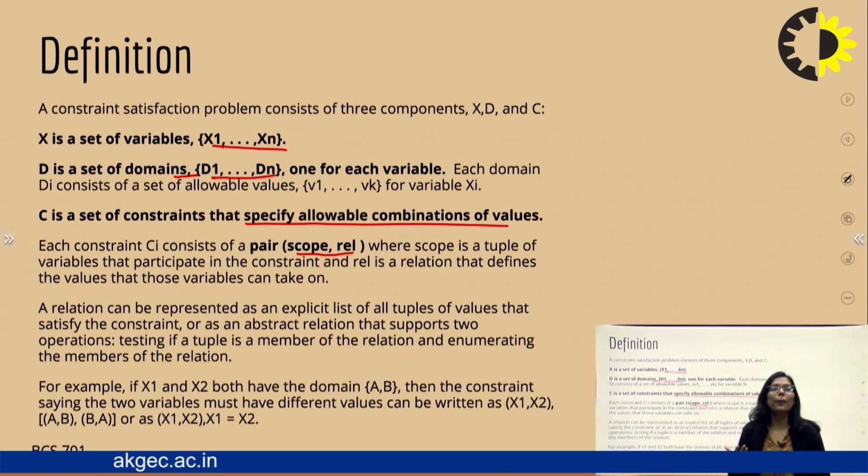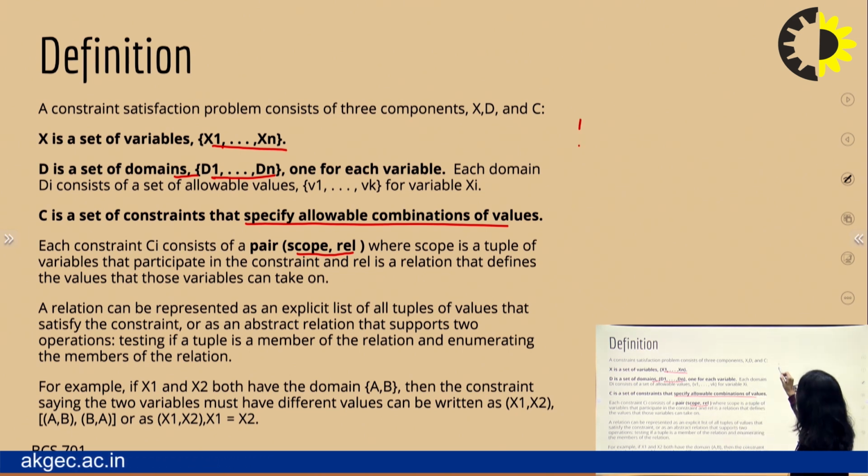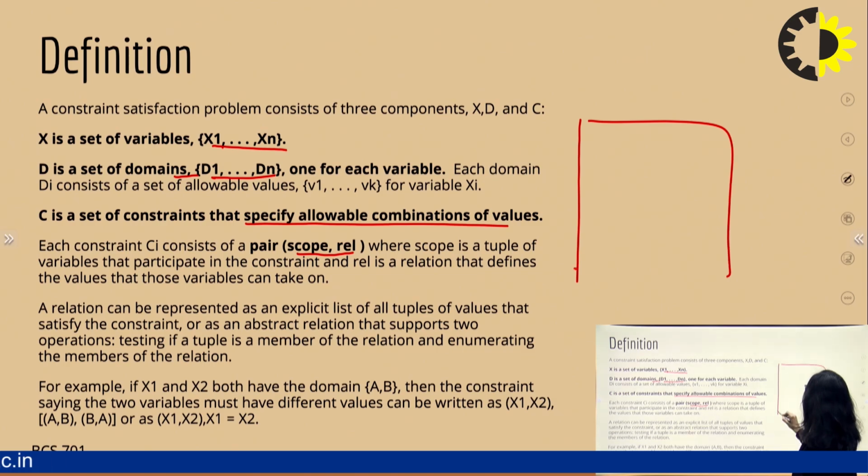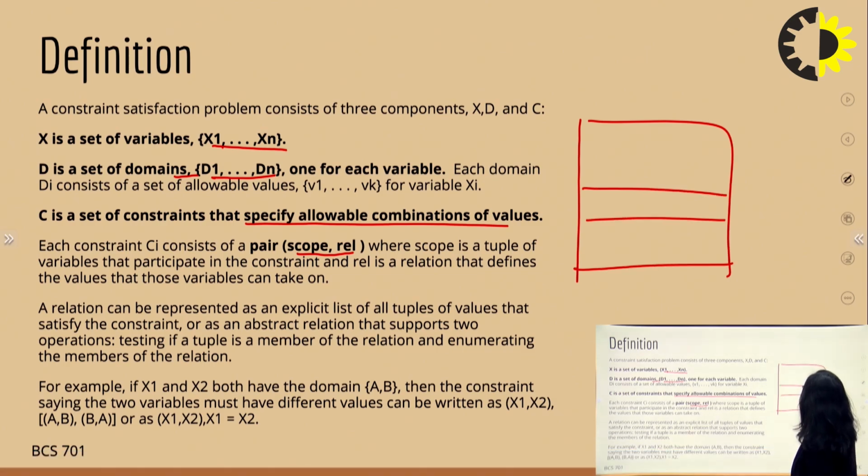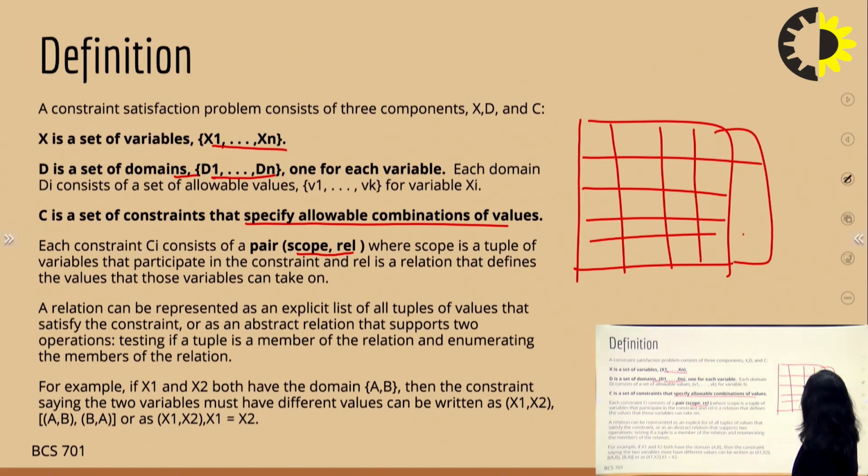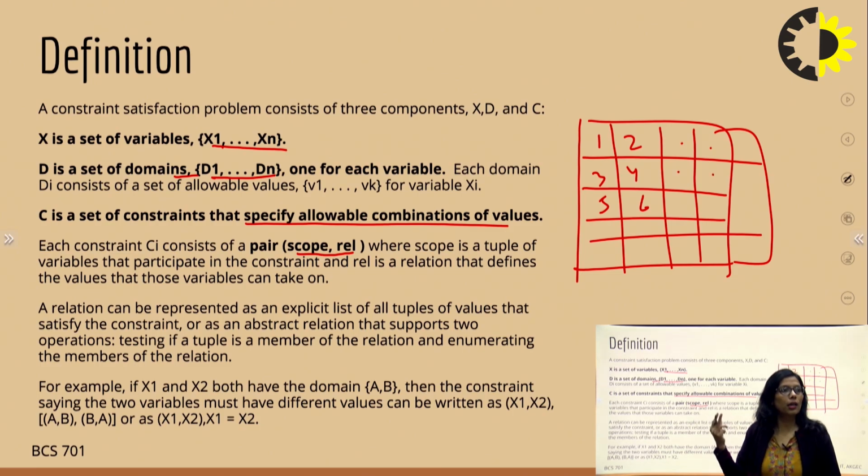So when we talk about a Sudoku problem, suppose I have a Sudoku like this. So it is some sort of Sudoku, and I have some of these values. Now my task is to assign values to these blank spaces, considering the domain.